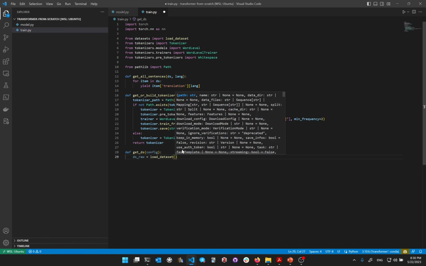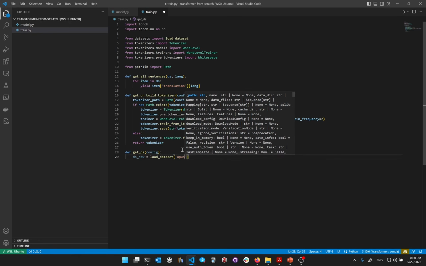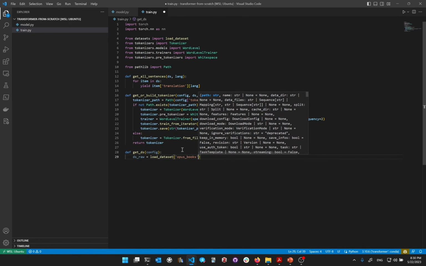Hugging Face allows us to download its datasets very easily. We just need to tell it what the name of the dataset is, and then tell it what subset we want. We want the subset that is English to Italian, but we also want to make it configurable for you guys to change the language very fast. So let's build this subset dynamically.